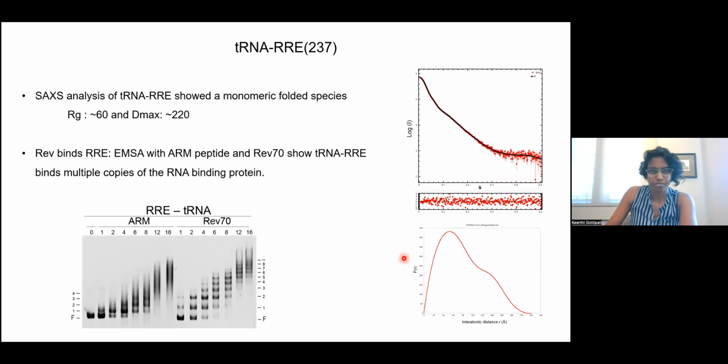And then we did some functional verification, whether this RNA is completely folded. We did a SAXS analysis. It's a monomeric species. The Dmax that was determined using SAXS falls along the same line as when we would calculate using just the secondary structure.